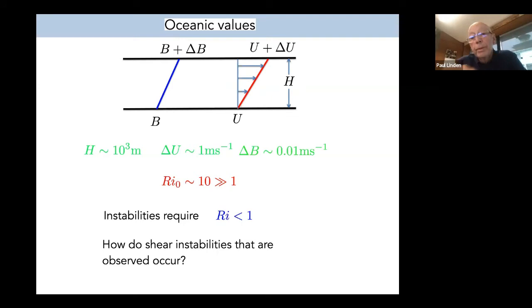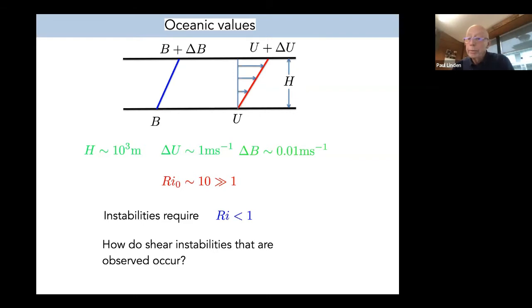And a typical buoyancy difference between the bottom and the top of the ocean, for example, from those pictures I showed you of the temperature, is about 0.01 meters per second squared. And that gives you a value of the Richardson number of about 10, conservatively. And so that's clearly much bigger than 1.